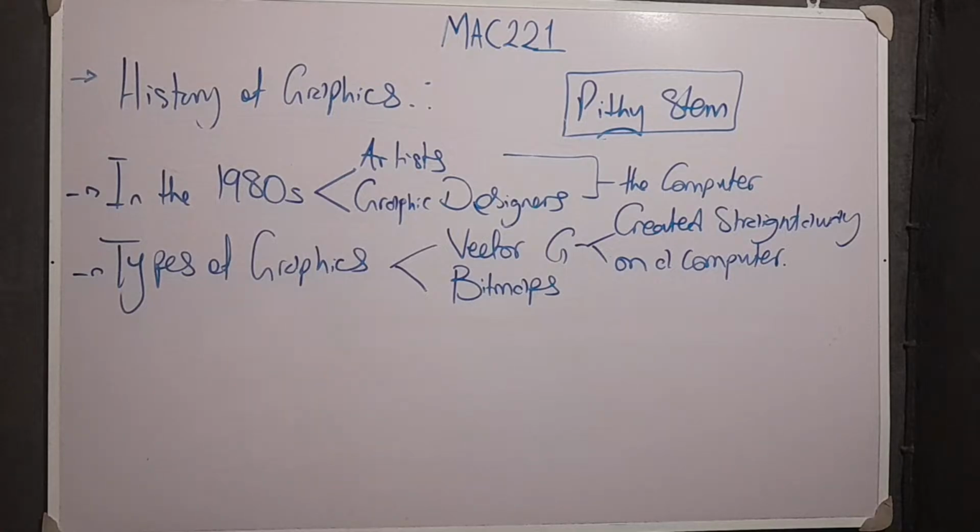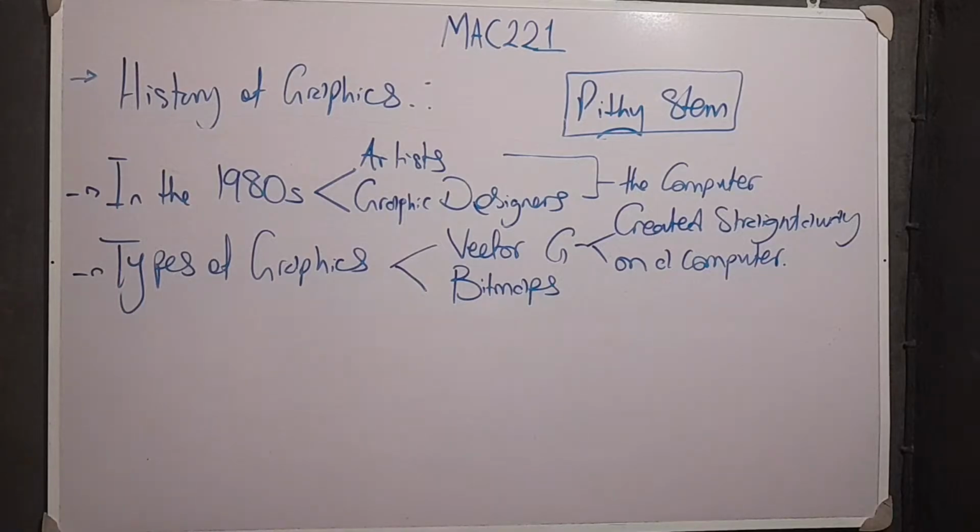Now, photographs are the typical example of bitmap graphics. Other examples are scanned images. Your computer cannot scan a document; you need a scanner connected to your computer to do that. Also, if you want quality editing, you need to take the photograph with your phone or camera, then connect it back to your computer and process your editing.